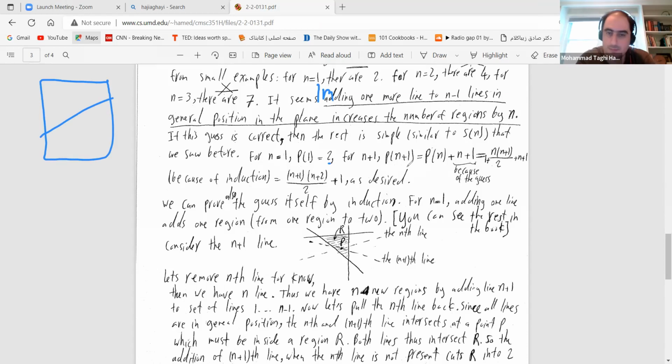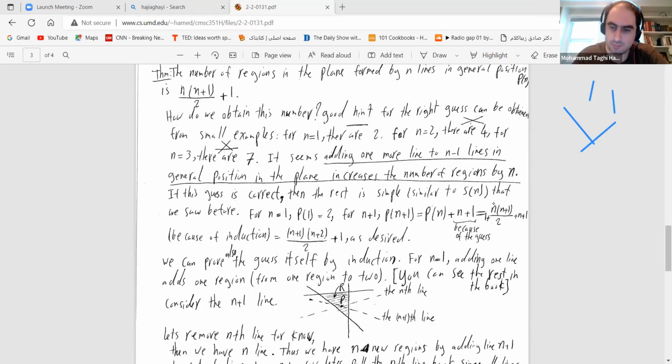According to that lemma, if I have n lines and I add one more line, the number of regions will increase by n plus 1. This is because of the guess, which I will call the lemma. That's exactly what you need to write here. Why is this correct? Because of the lemma. Now, if we have that, then we are done, because for P of n we can use the induction hypothesis that we had above.